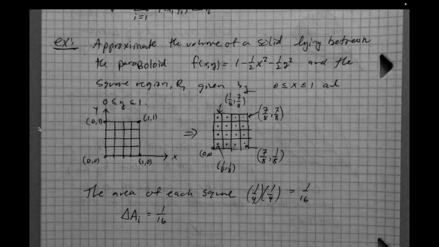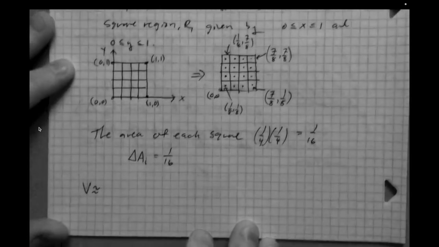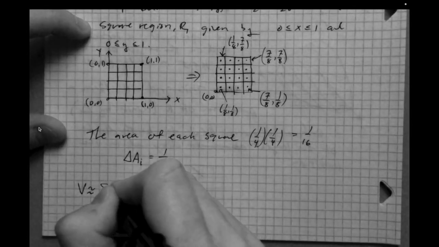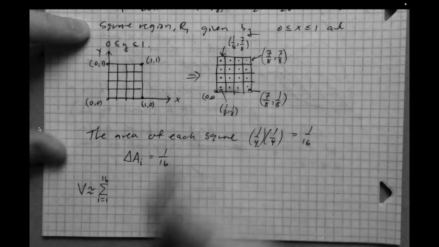Okay, and so what would the sum look like in the case of this particular function and this particular grid? Well, the volume would be approximately equal to the sum from i equals 1 up to 16, since there are 16 squares.